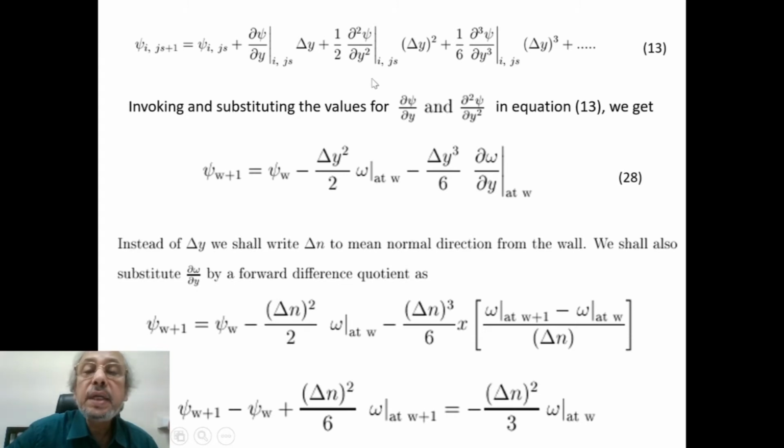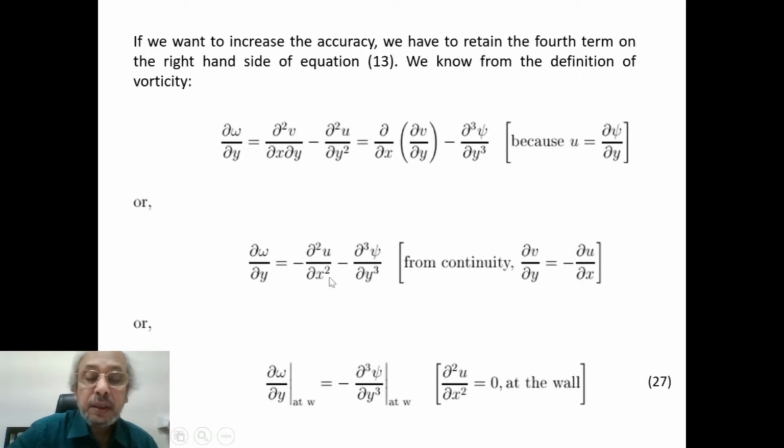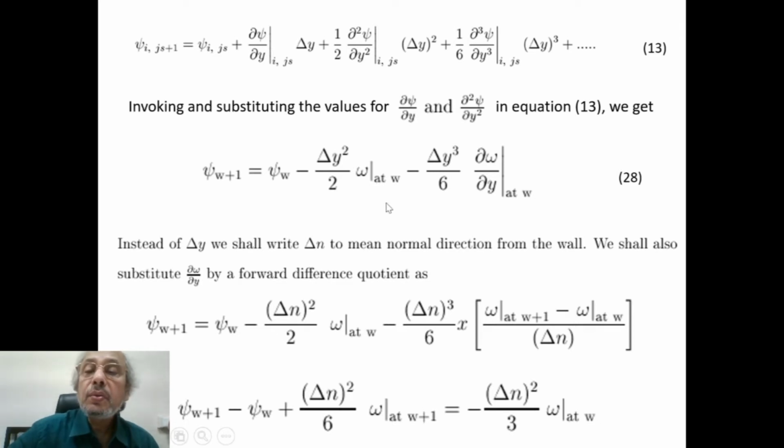And del 2 psi del y2, if you recall, we substituted for omega in our last lecture. So we will do that. And here del 3 psi del y3, going back by one slide, from the previous slide, is nothing but minus del omega del y. So we'll substitute this by del omega del y. Exactly, we do that.